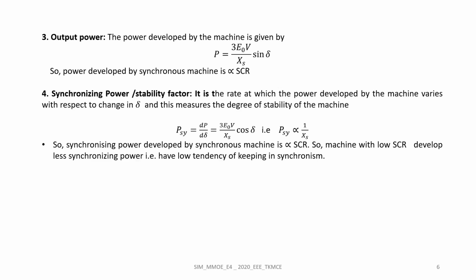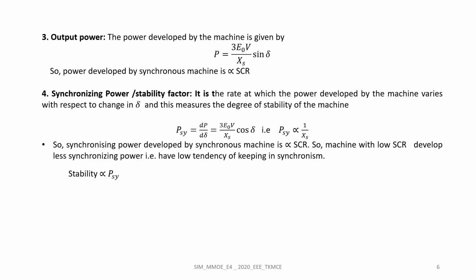So in order to bring the machines back in synchronism due to sudden disturbance, we need to give more synchronizing power. If the machine has more SCR, obviously synchronizing power will be more. So we can say that stability of the machine is directly proportional to synchronizing power.